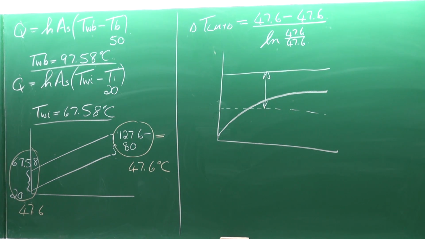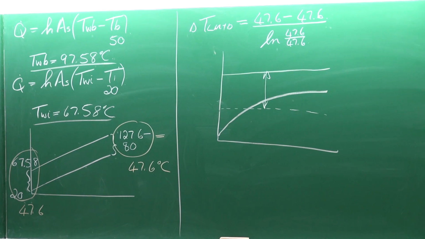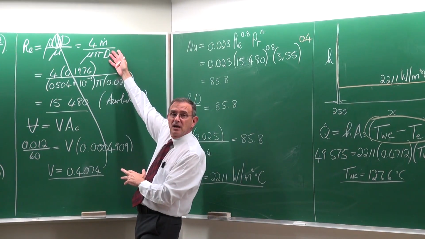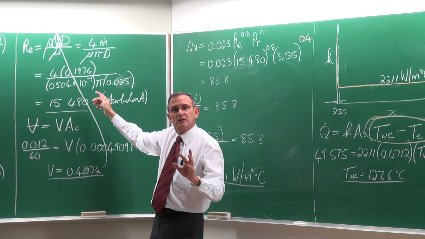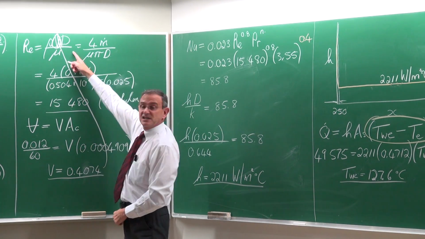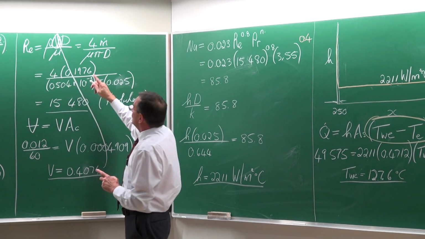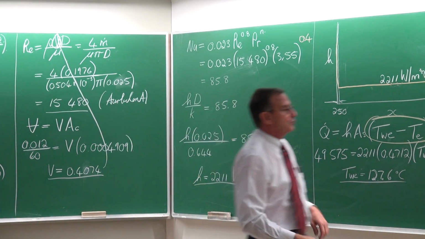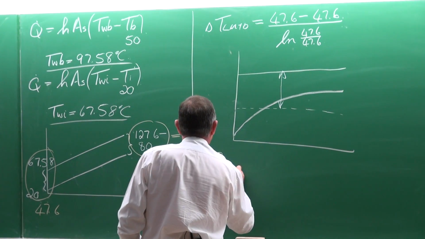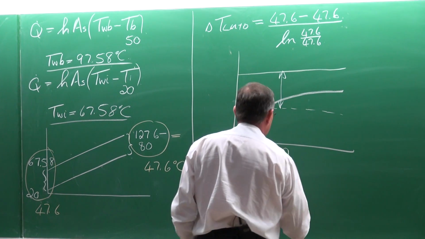Yes, so the question is, somebody did go and actually do these calculations and say there's a little bit of a difference in the Reynolds numbers. There shouldn't be. I think it must be a small calculation error, because there's really no assumption that was made there. The Reynolds number is equal to rho V d divided by the viscosity.